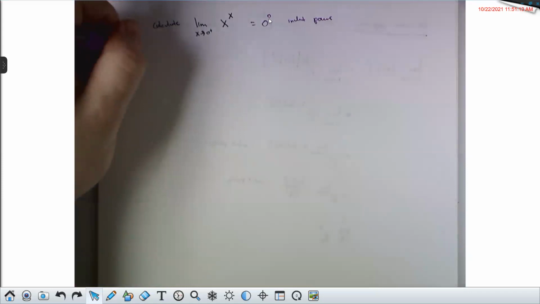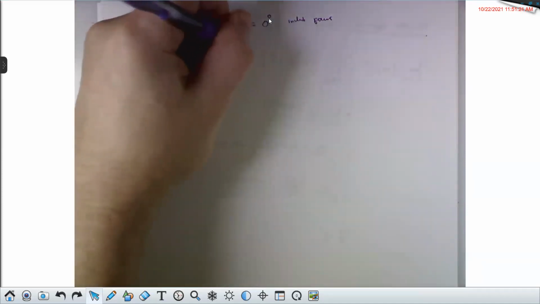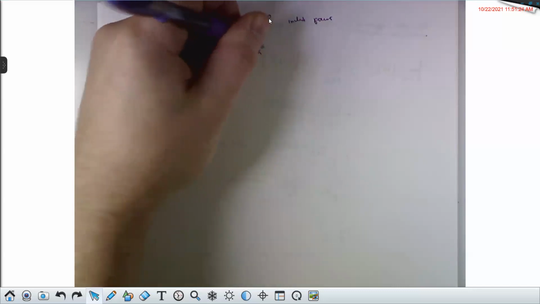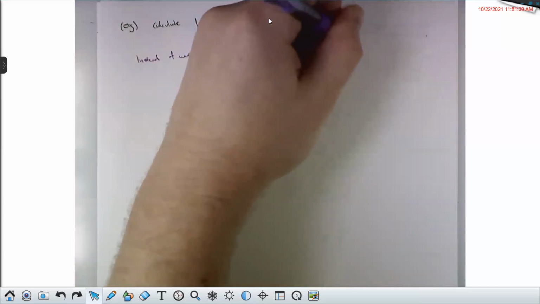So instead of working with f of x equals x to the x, I will work with the natural log of that function instead.